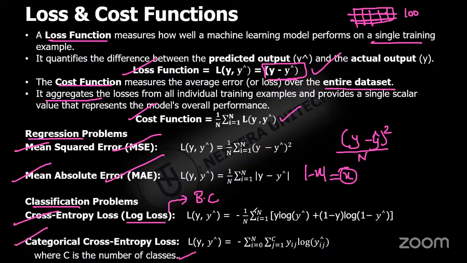And guys, you need not memorize these formulas. Just memorize these metrics, the terminologies. For a binary class problem, we go with log loss, also called binary cross entropy. For a multi-class problem, we go with categorical cross entropy loss. Making sense?